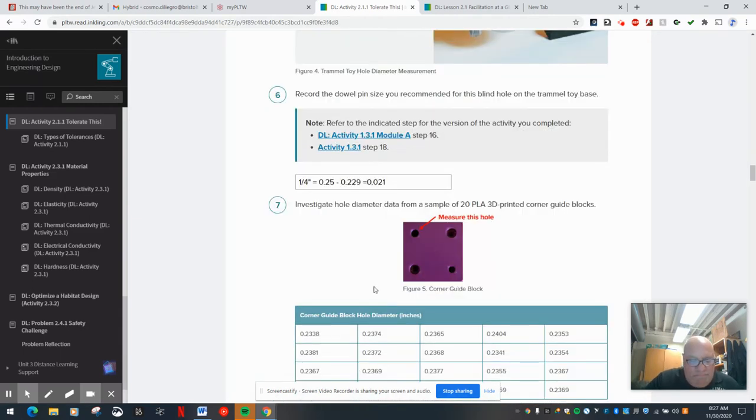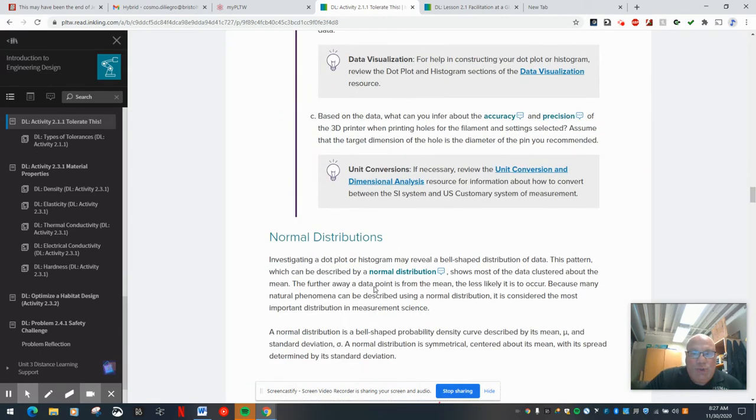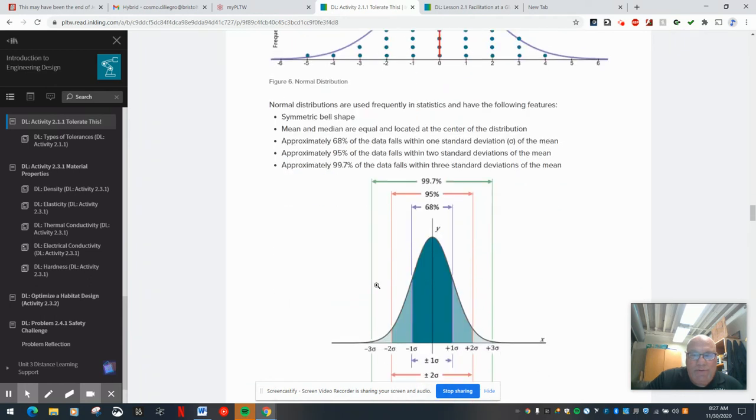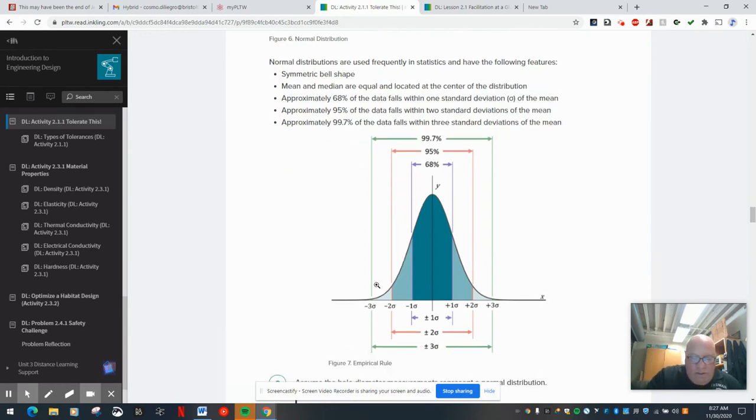So number 8. If we look at number 8, it says write a bilateral tolerance. For number 8, I would put 2.364 plus or minus 3 times the standard deviation, which is 0.001817.